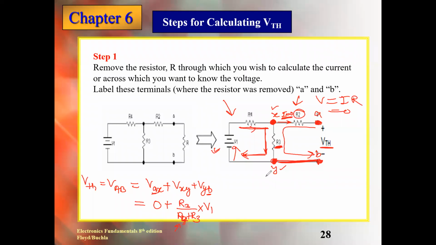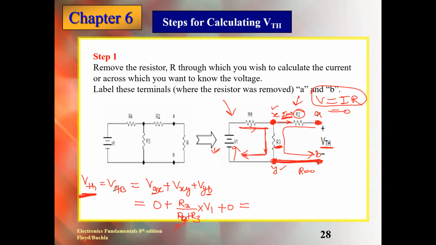If you look from here to here, how much is the resistance? 0. So if resistance is 0, how much will be the voltage? 0. So what did we get from here?